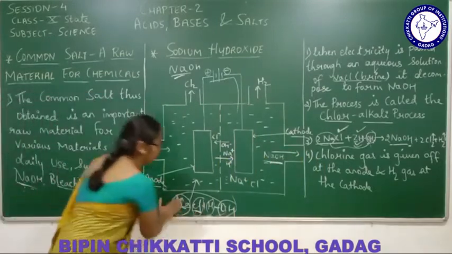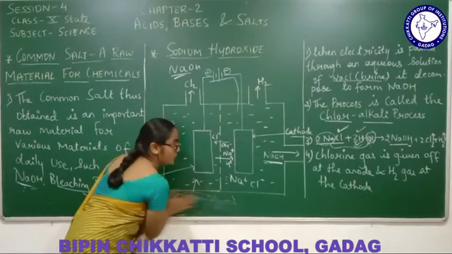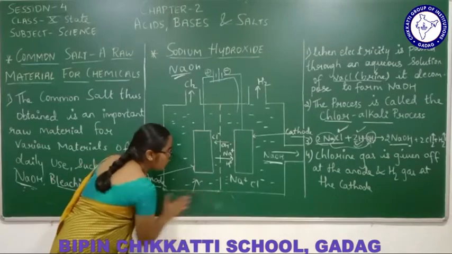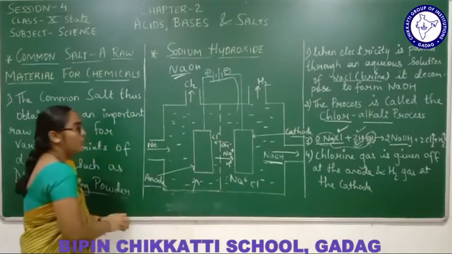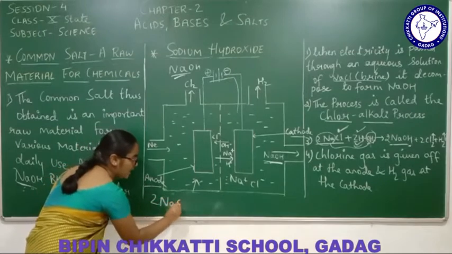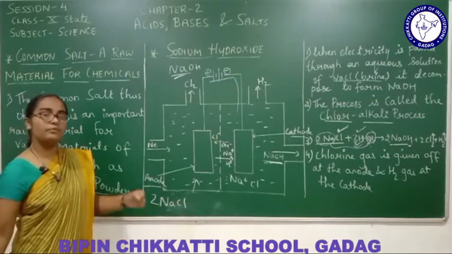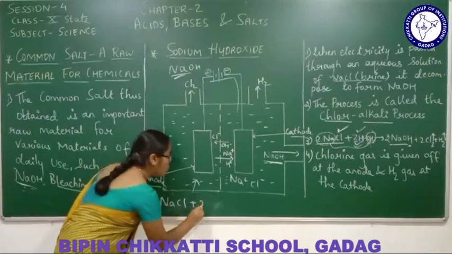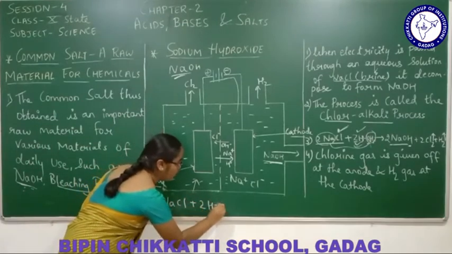Let's understand here once again. I'll write it down so it becomes more precise for you guys too. Now what did we use? 2 NaCl. We had added 2 molecules of NaCl. Now it is reacting with 2 water molecules, right?